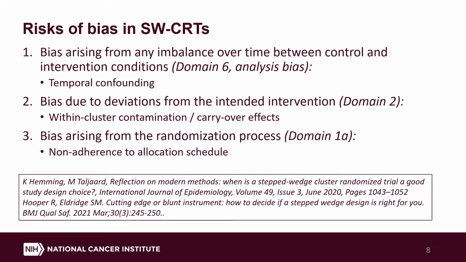So this is domain 2 in the ROB tool. And this is thinking about within cluster contamination and carryover effects. Then we're going to move on to think about biases arising from the randomization process. So this is domain 1A. And thinking particularly about non-adherence to the randomization schedule. So over the next few slides, we'll look at each of these in turn.